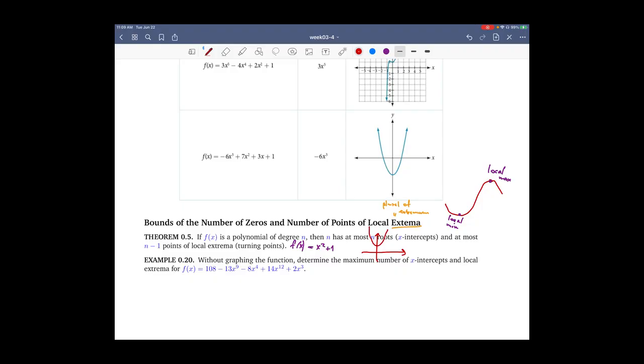It never intersects the x-axis, and this polynomial has no roots at all. This theorem simply says that any quadratic cannot have more than 2 roots, but it might have less than 2 roots, definitely no more.